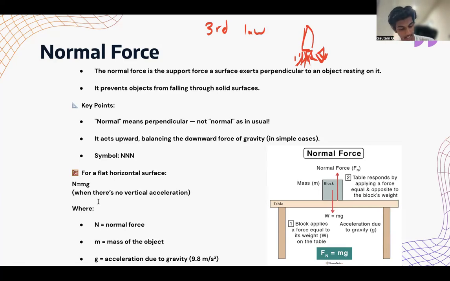Basically, it's going up because the gas is applying the same amount of force on this rocket as it is on the ground, right? To go upwards. And this force that makes it go upwards is the normal force.